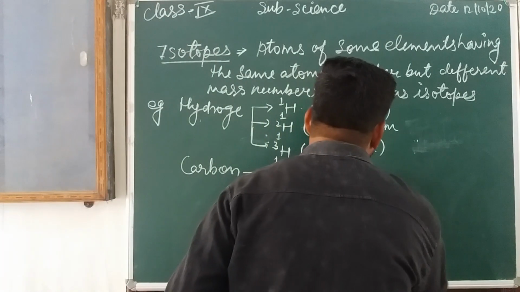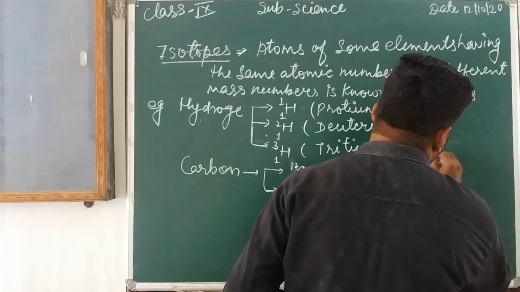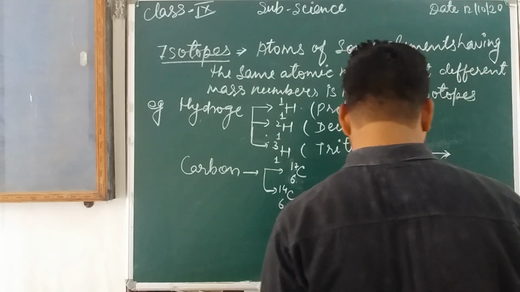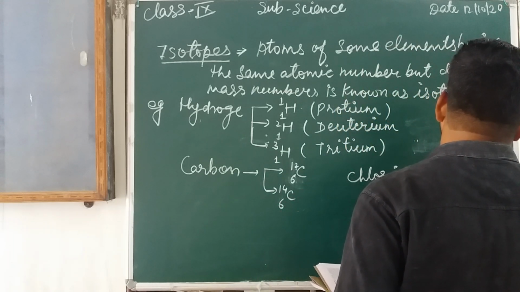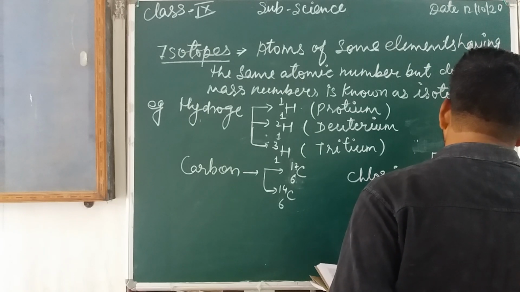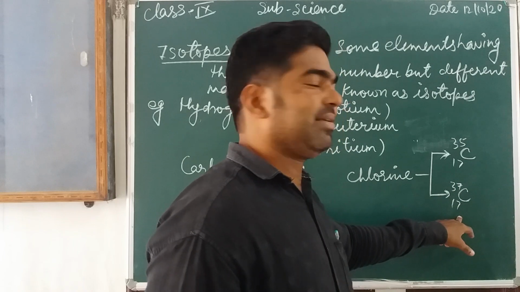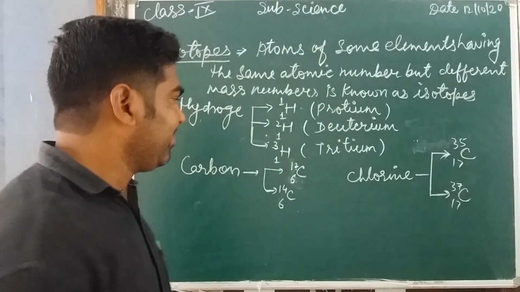Chlorine also has two isotopes, chlorine-35 and chlorine-37. This chlorine has the same atomic number, but one has mass number 35 and the other has 37.